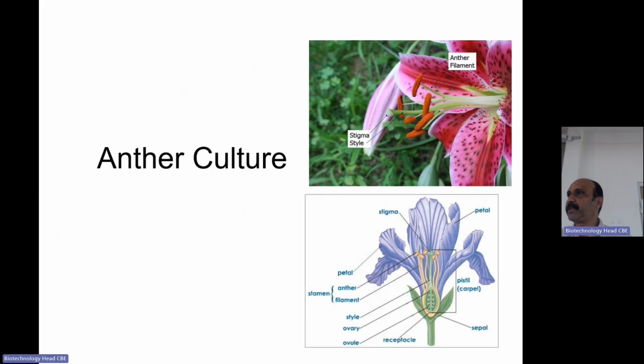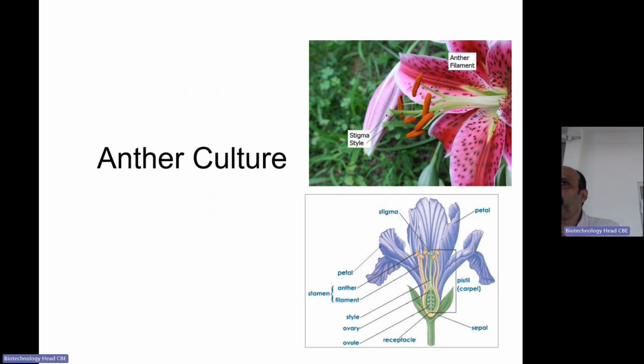In tissue culture, we need to use specific explants for specific purposes. So for whichever purpose we do tissue culture, we need to select those specific explants. To eliminate virus, what explant can we use? Meristems.